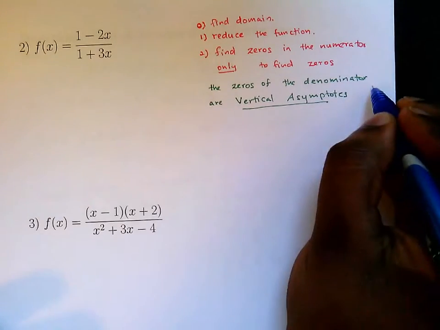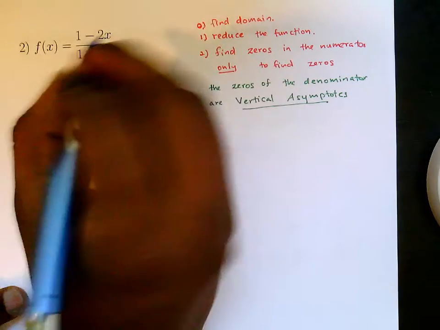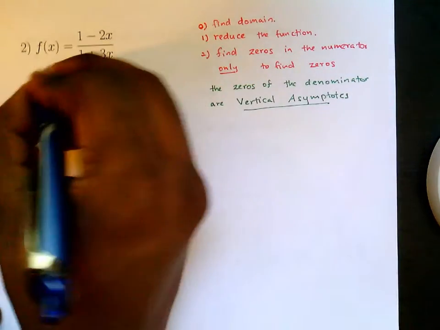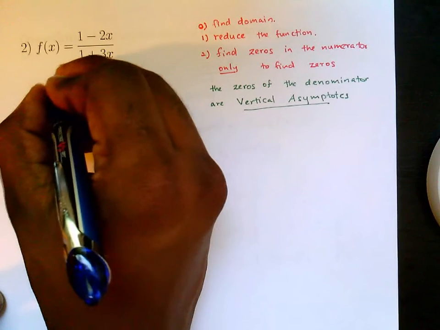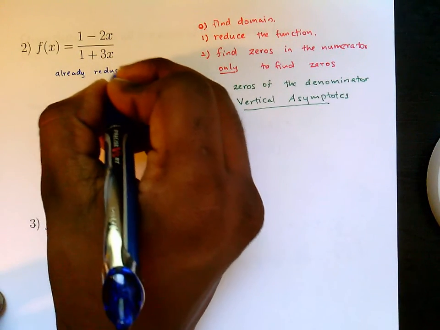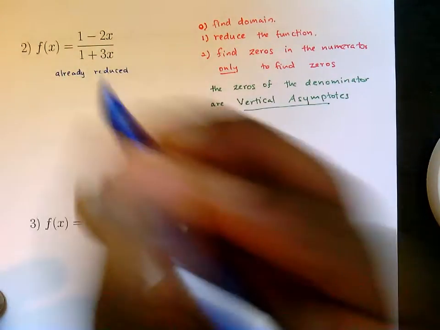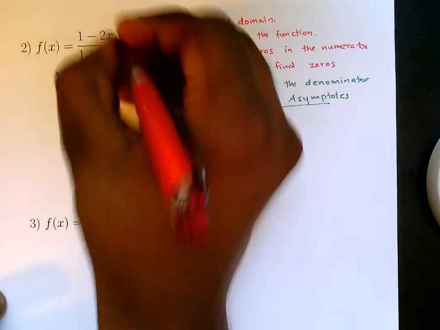So remember that. You would not set the denominator equal to 0, you just set the top equal to 0. Right now you can see the function is already reduced. There's no crossing off, so it's already reduced. Then you set the numerator equal to 0.